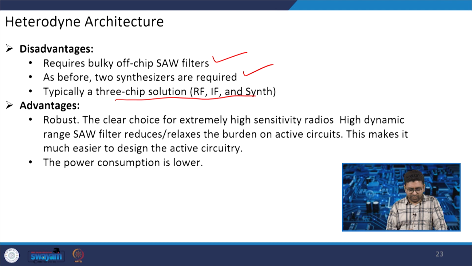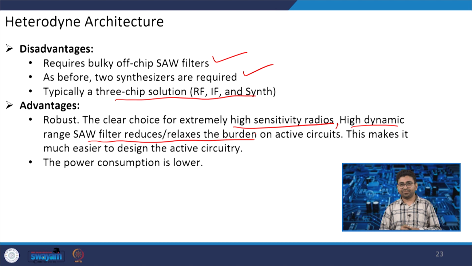So, at that time we should be careful deciding the architecture, so that our performance will be robust. It is the clear choice for extremely high sensitivity radios or high dynamic range. SAW filters reduce and relax the burden on active circuits, and this makes it much easier to design the active circuitry.